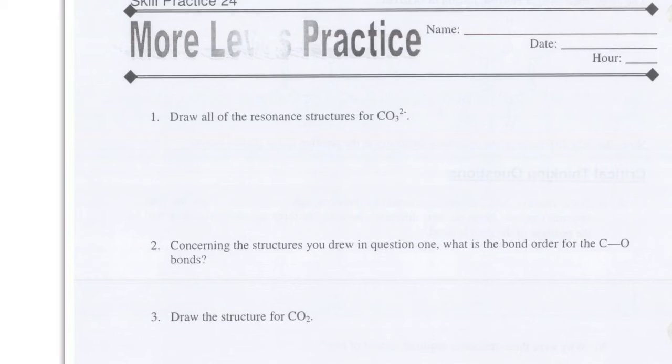CO3 minus 2. All right, so carbonate, CO3 minus 2, we've got 4 plus 3 times 6 plus an extra 2 is 24 valence electrons. And because it says 4, I know that one of these is a double bond.